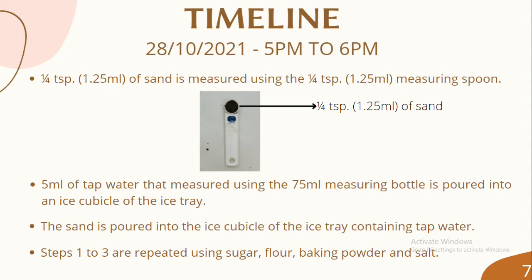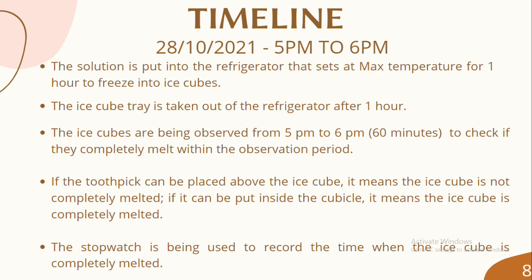Steps 1 to 3 are repeated using sugar, flour, baking powder, and salt. After that, the solution is put into the refrigerator set at maximum temperature for 1 hour to freeze into ice cubes. After 1 hour, the ice cube tray is taken out of the refrigerator.